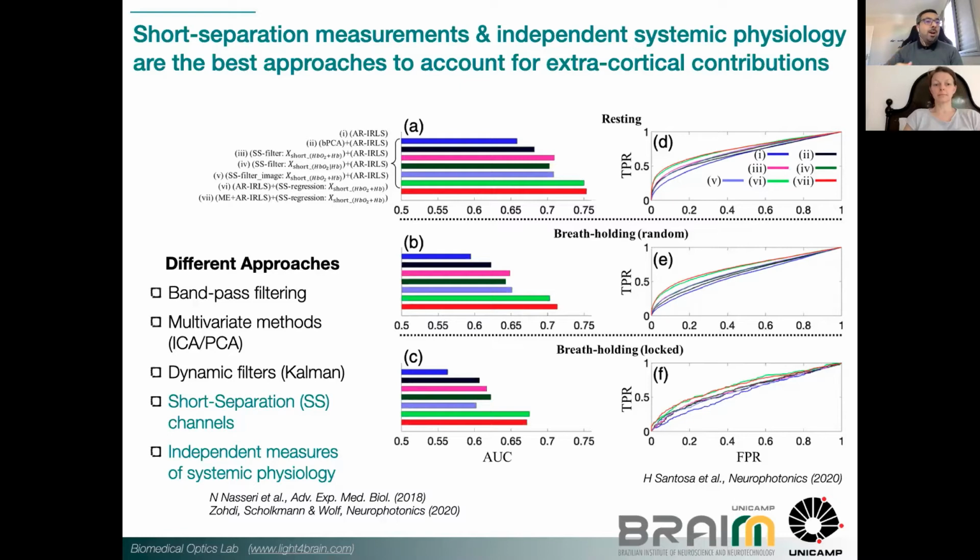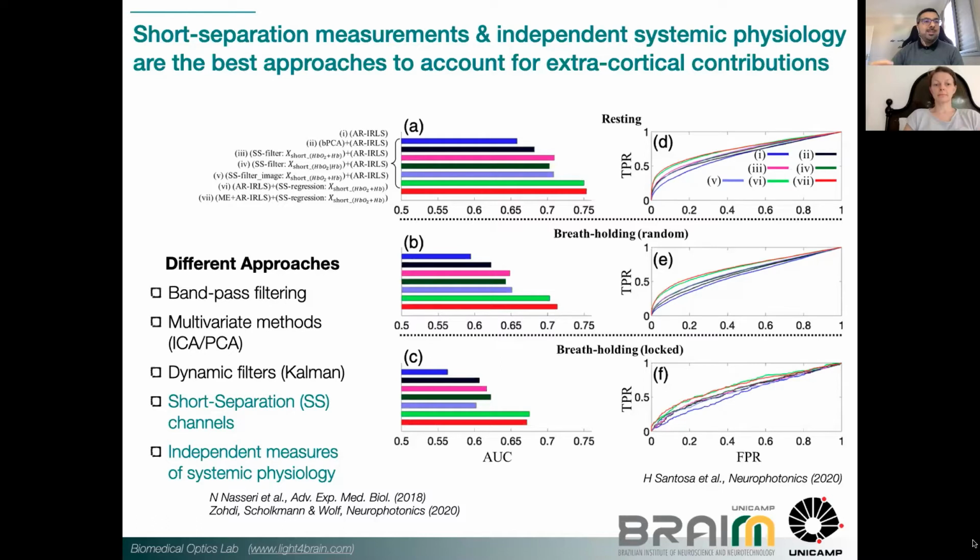Although other results, for example, from Felix Scholkmann and Ursula Wolf's group, show that it's not 100% effective. Even if you use short channel separations and regress extracortical information from short channels, you still have remaining physiology that is not related to cortical physiology.